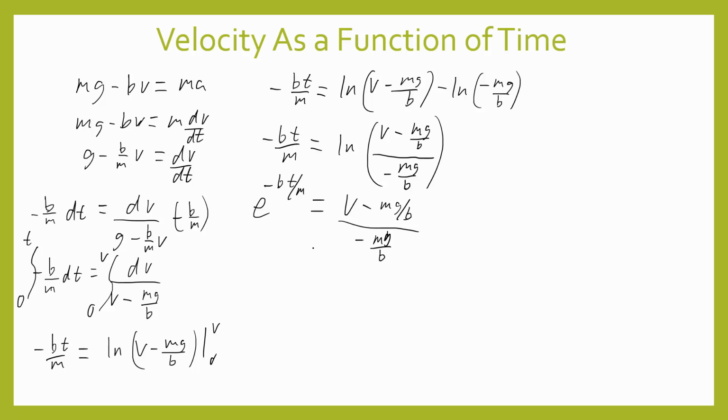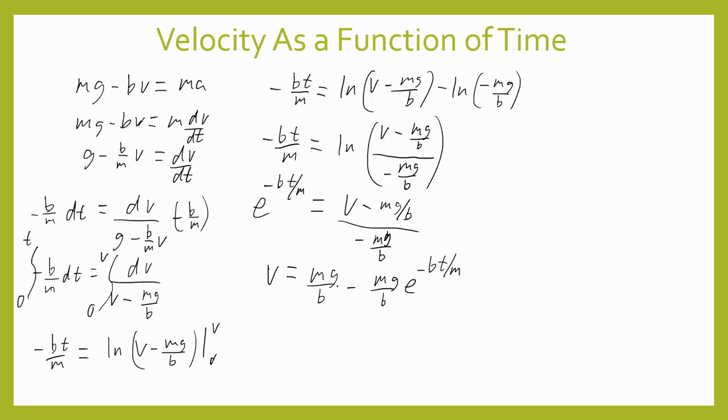And then if I multiply this guy up over here and solve this for v, I'm going to have v equals mg over b, so that's this term that went over there, and then this guy multiplies up, so minus mg over b times e to the negative bt all over m, and we are almost there.